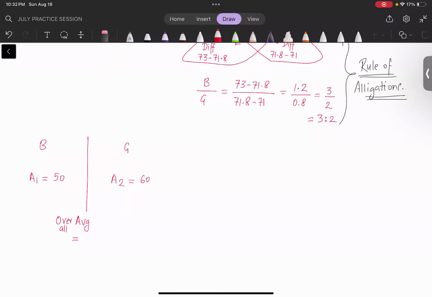Let's take it as 6. If I take these values, please carefully answer what is the boys to girls ratio which will come out.